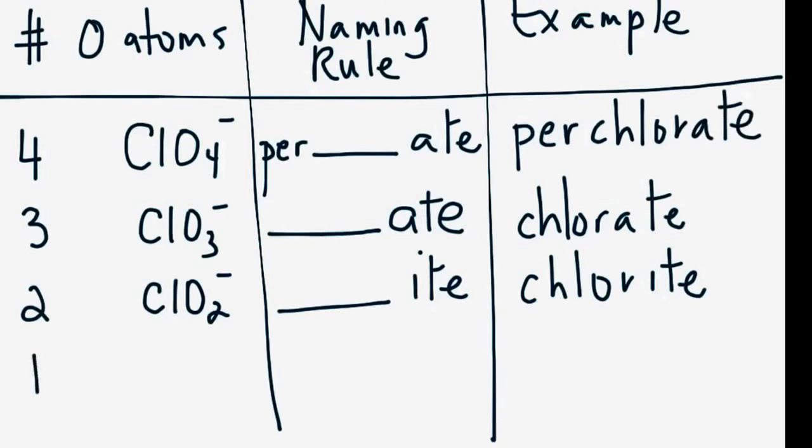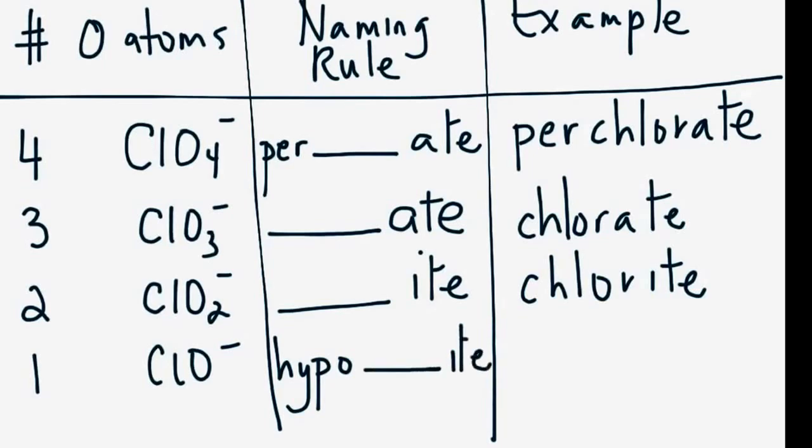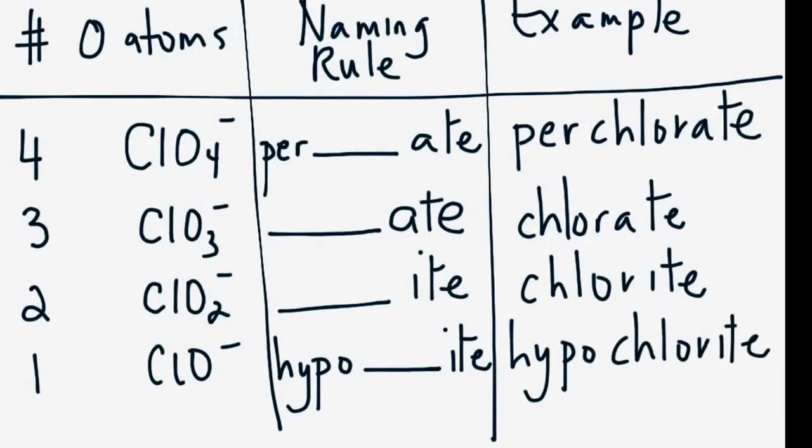And if there's 1 oxygen, then there's another prefix. It's hypo, and it's still ite. So this would be hypochlorite. And this rule applies for the halogens only.